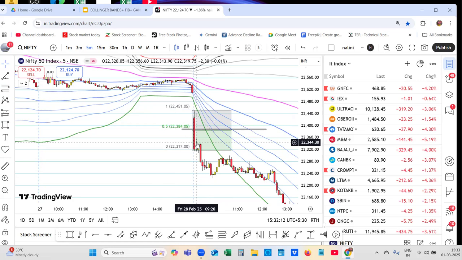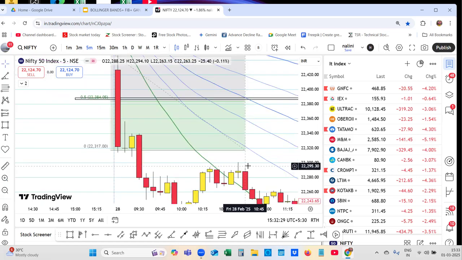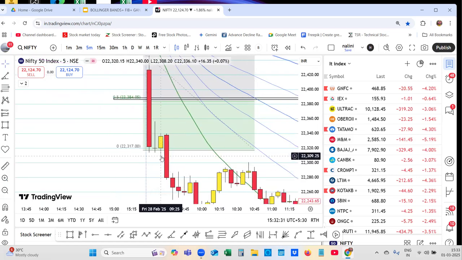Immediately I cannot enter the market. It gaps down, it moves fast, you cannot enter. In my 5-minute strategy, I'm looking for the breakout and retest. Here, this candle is breaking below this 5-minute low, indicating the trend is down.